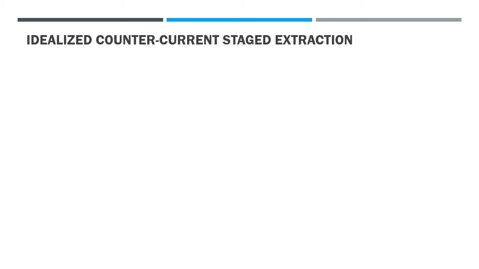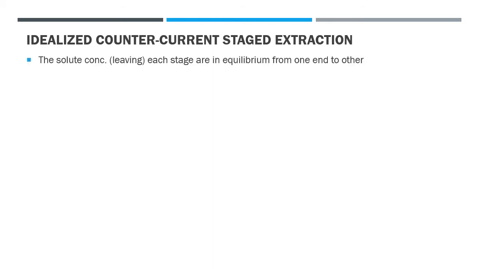Essentially there are multiple stages through which they come in close contact, they reach equilibrium and move on. If both the liquid phases move in opposite directions, that is from left to right or right to left, then it is known as countercurrent. Now let's see how it is going to happen and how equilibrium from one end to the other works.